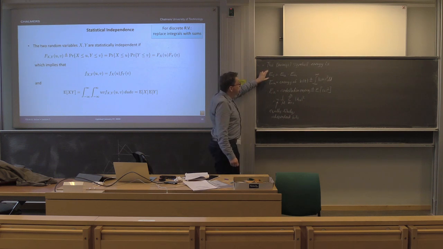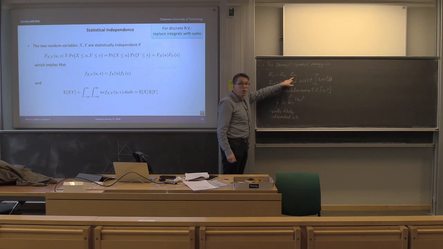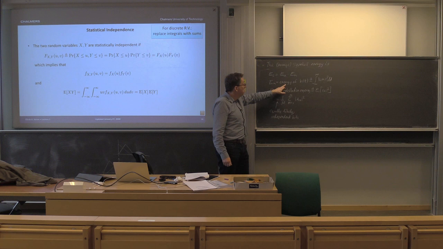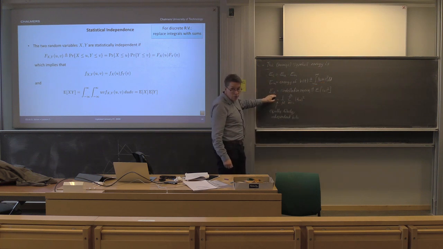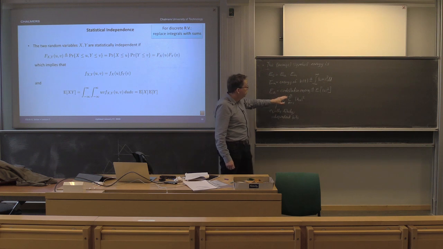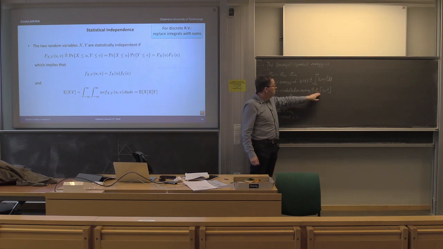So the average symbol energy, E_S, is equal to E_A times E_H. E_H is the energy of the pulse that we have used, which is this integral. And the new thing is this energy for the constellation energy, which by definition is the expected value of the amplitude squared.